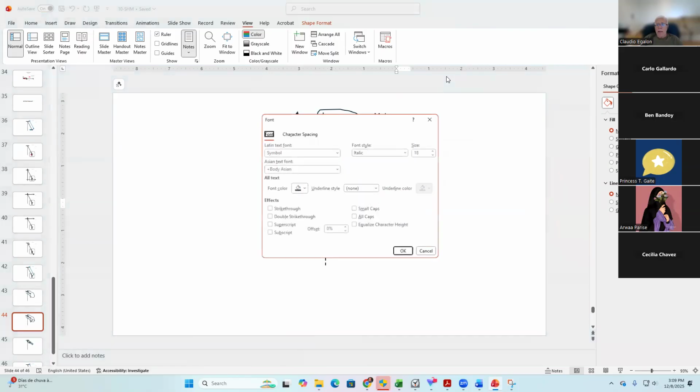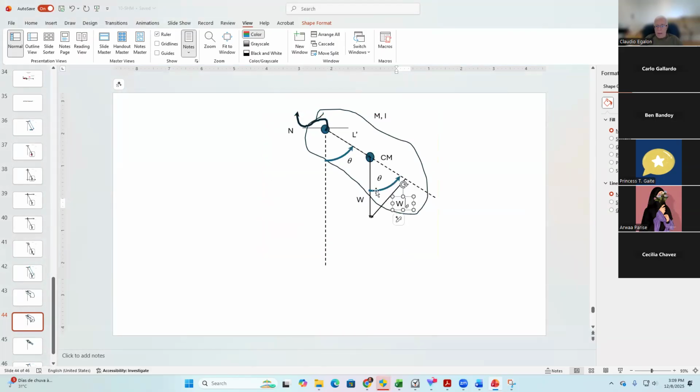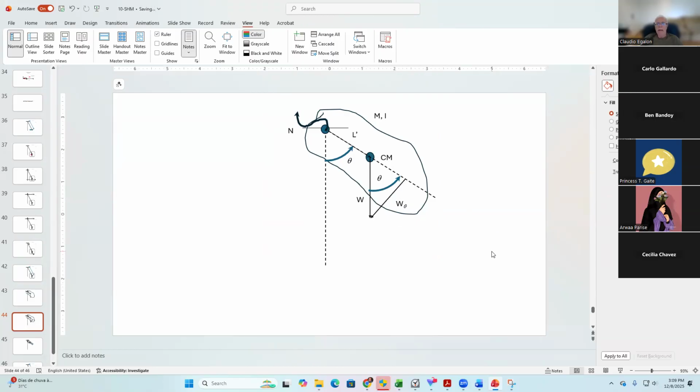That's going to be the component of the weight that contributes to the torque. And this component of the weight is going to be the weight times sine of theta.